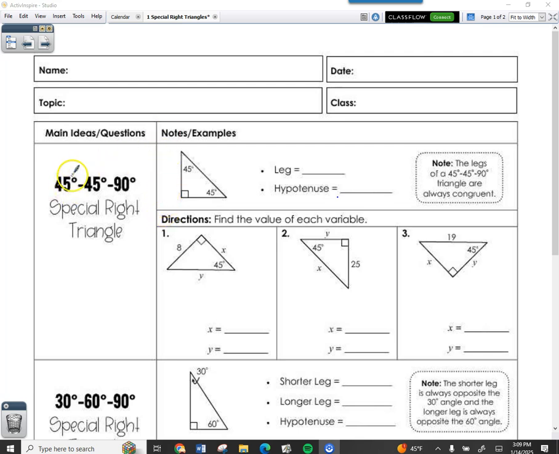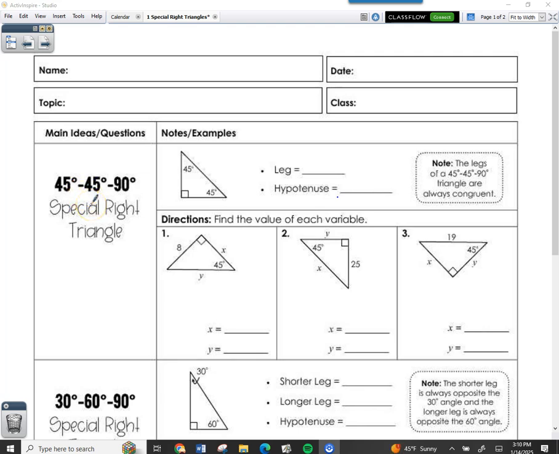Now, something you're going to find, if you know the angles of a triangle, for instance, 45, 45, 90, what do you notice about these 2 angle measures? Oh, they add up to 90. They add up to 90. They're also the same number, right? Correct.